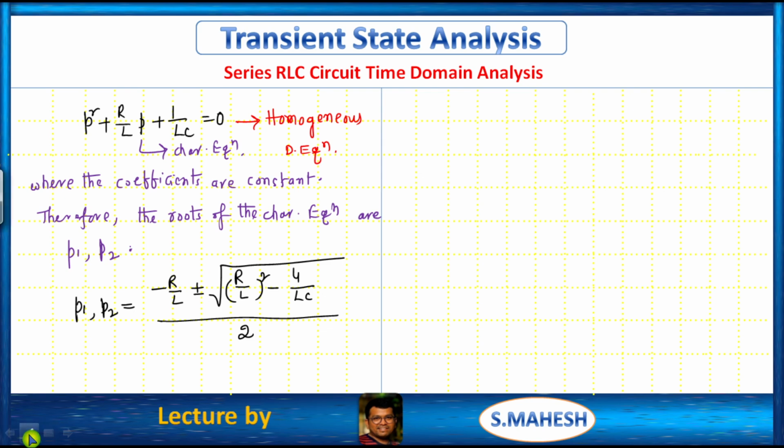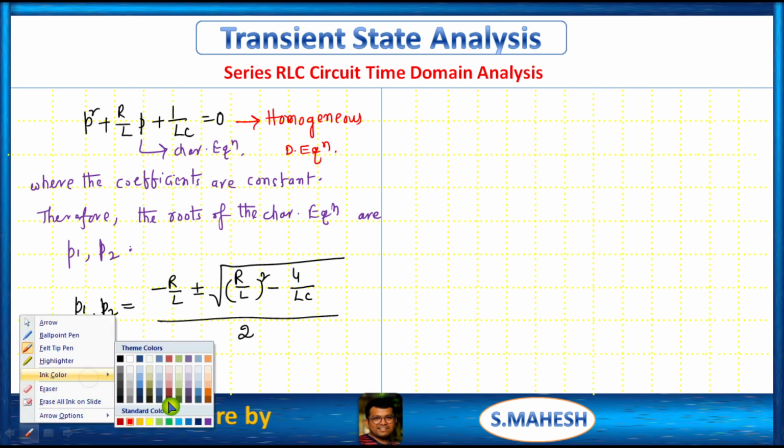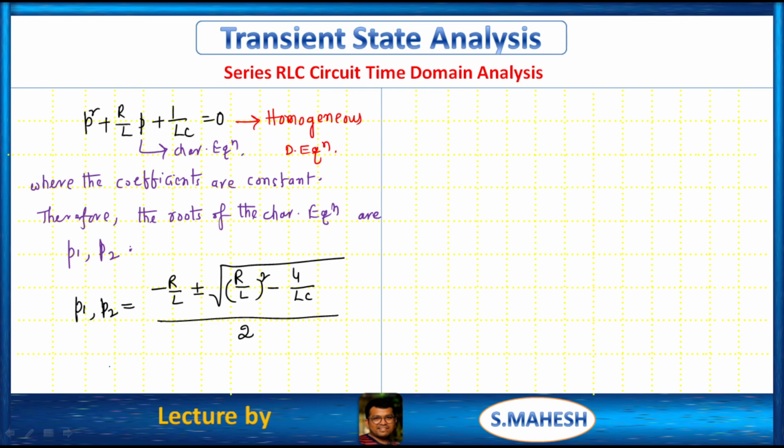Okay. For better simplification, let us take alpha, which is equals to minus R by 2L, and let us say beta is equals to square root of R by 2L whole square minus 1 by LC, right?